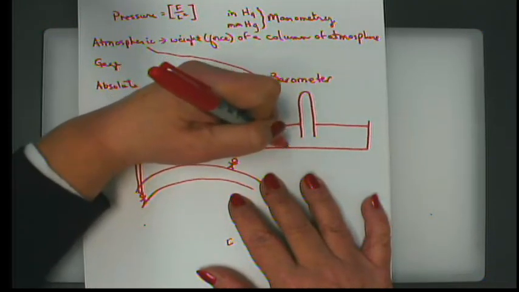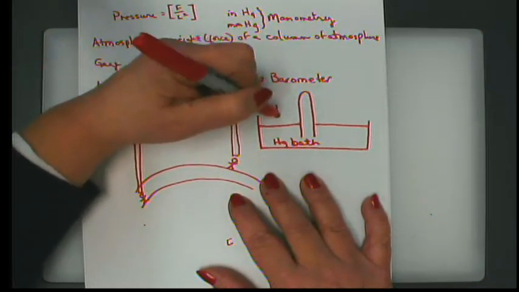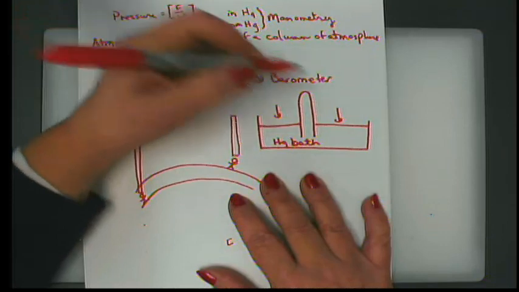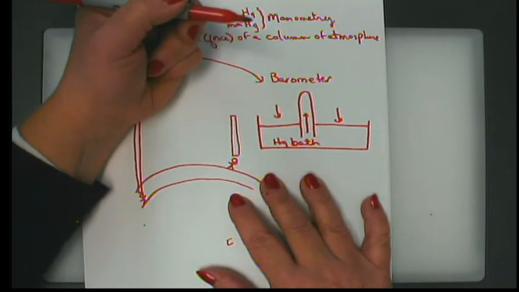Doesn't that sound nice? So we'd have a mercury bath. The atmosphere would press down on the mercury, and it would drive the mercury up into the tube.